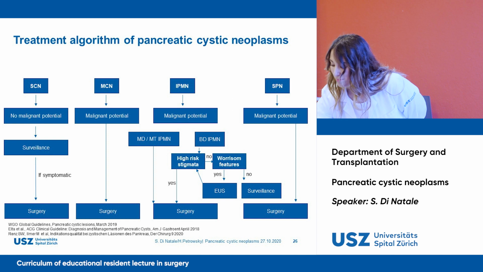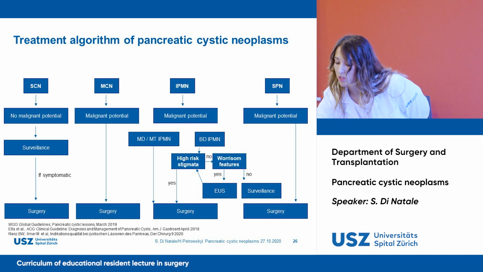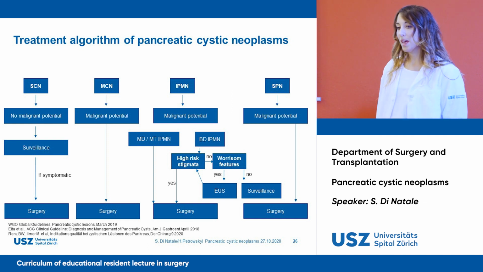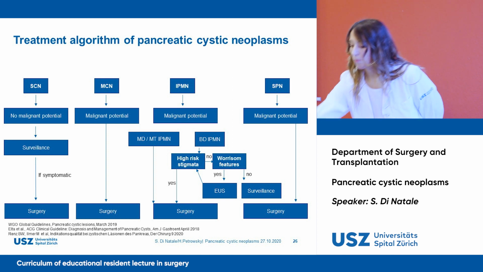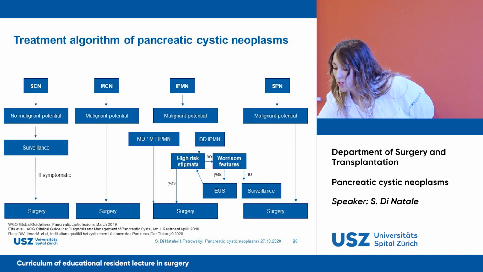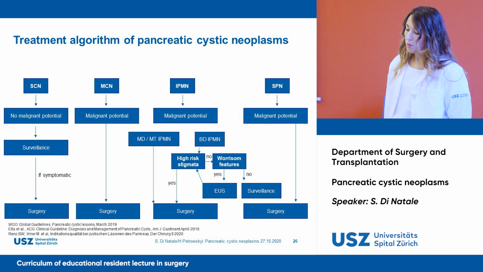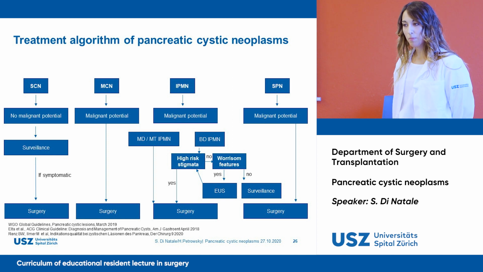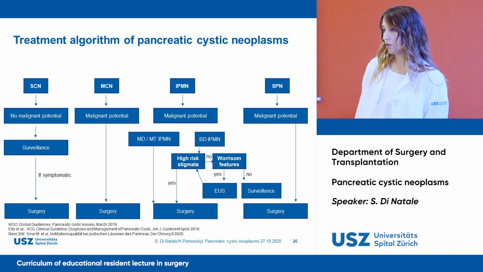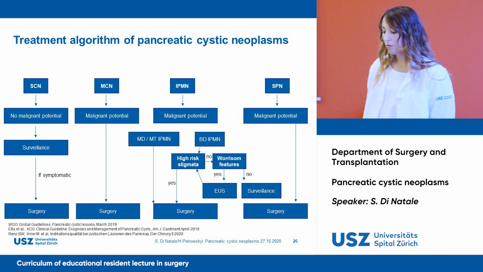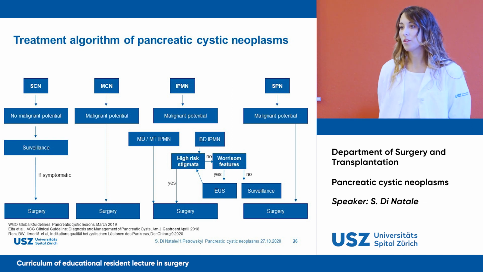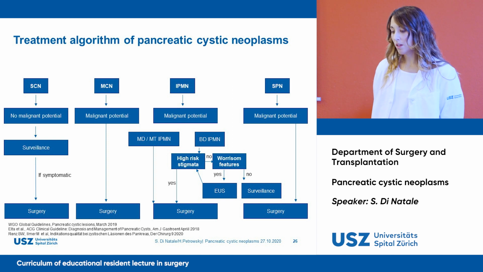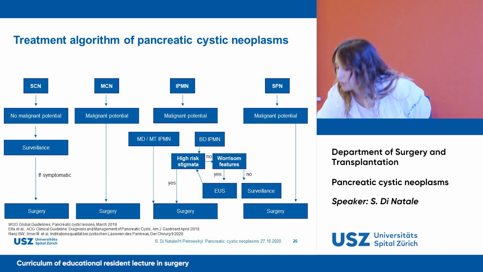And branch duct IPMNs with no high-risk stigmata and no worrisome features can be surveilled. Now, for branch duct IPMNs with worrisome features, surgery should be recommended to fit patients who prefer surgery. And if a surgery is not preferred, then regular endoscopic ultrasonography should be performed until high-risk stigmata are present.